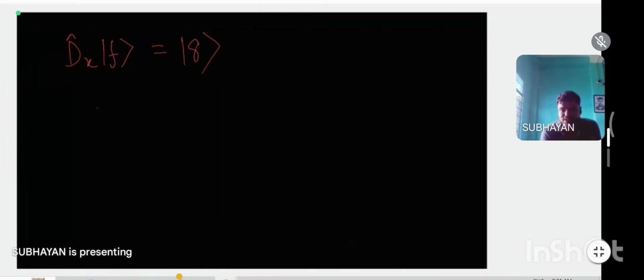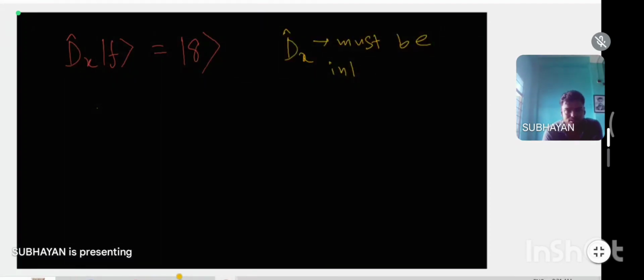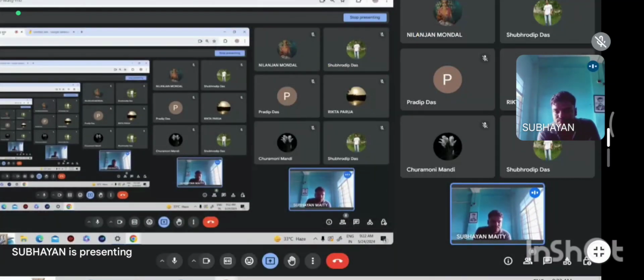Now in order to solve this equation in abstract notation, dx must be an invertible operator. What is an invertible operator?